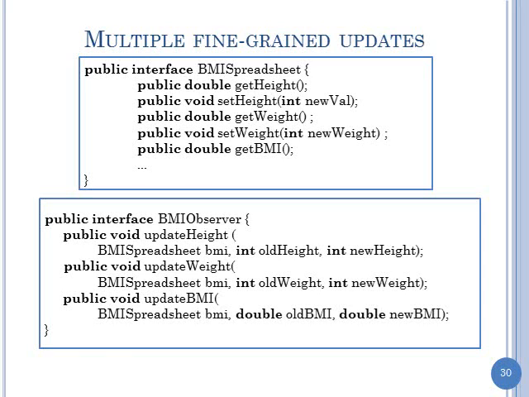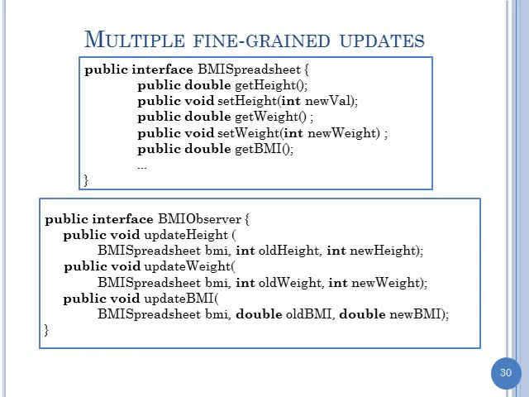You might change your weight by like 1 ounce, which may not change your BMI. So where will update BMI be? So your setters will have to do that. Your setters will have to see that, did the BMI change? And if so, they go and send the update BMI.